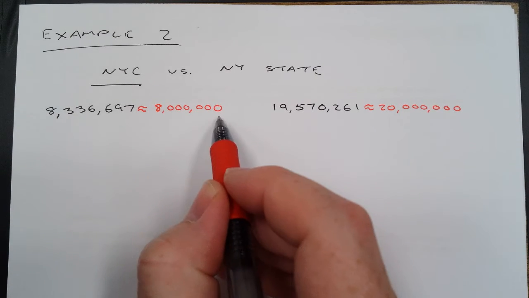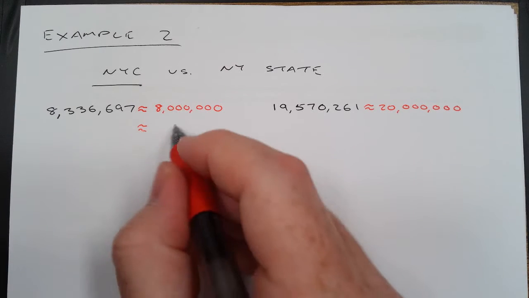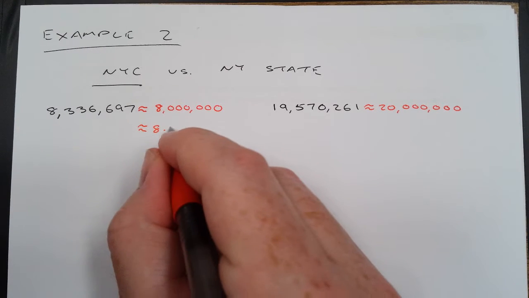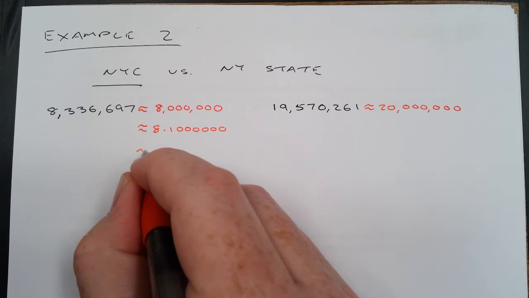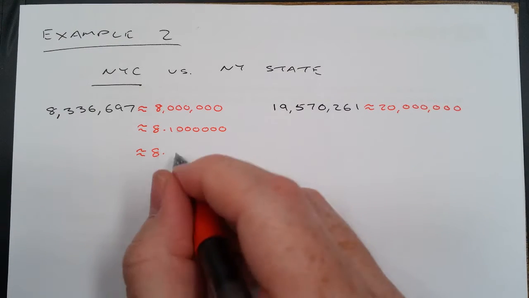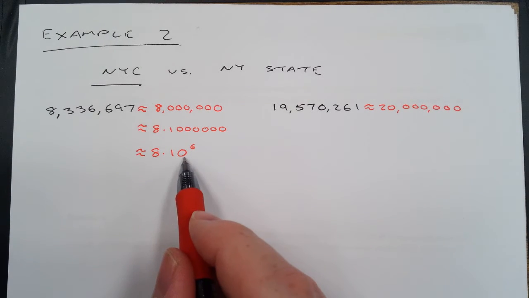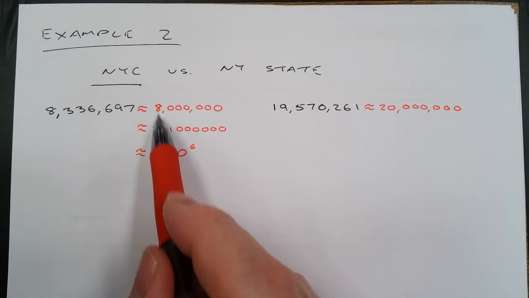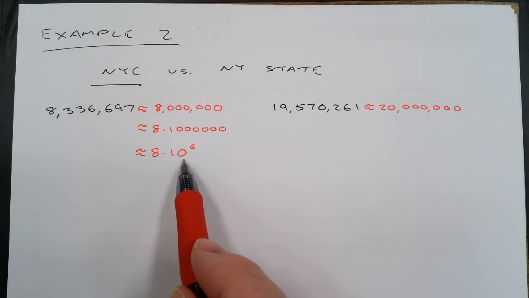Let's still write it with an exponent because the exponents are easier to do our math with. 8 million is 8 times 1 million, and 1 million is just 10 to the 6th. So instead of having 10 to the 6th by itself, I just have 8 times 10 to the 6th. That's still a million, so this is 8 million.